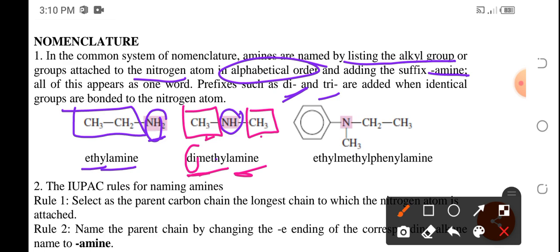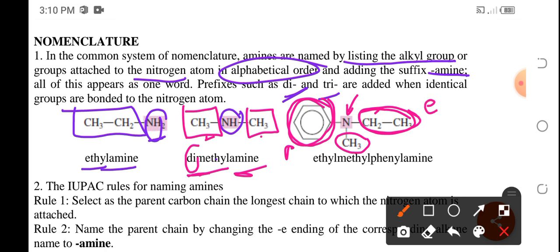And another example, this is a tertiary amine. It has a benzene ring, a series of two carbon atoms, and a CH3. So the identities of the substituents attached to the nitrogen are different, and we have to consider their names in alphabetical listing. The benzene ring as a substituent is named phenyl, so that starts with P, and this is two carbon atoms, so that's ethyl, and this CH3 is methyl.